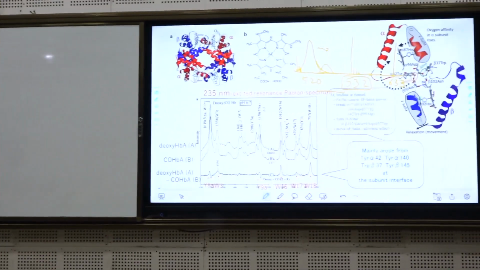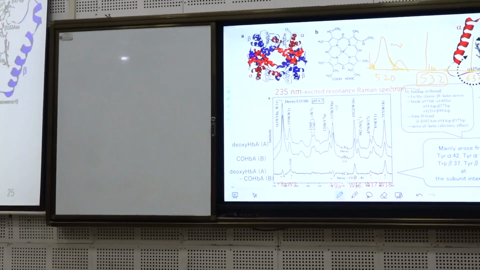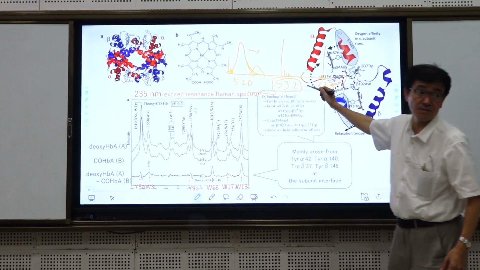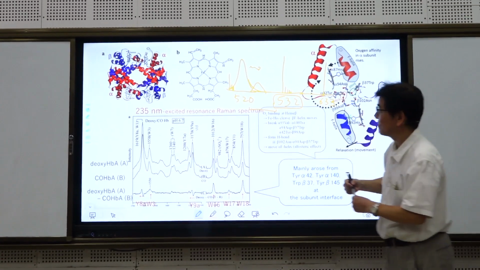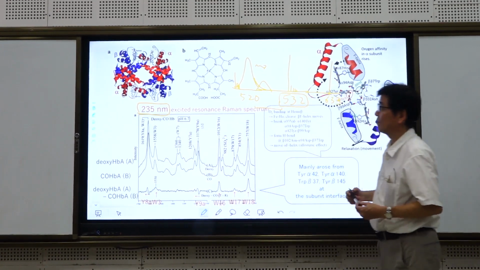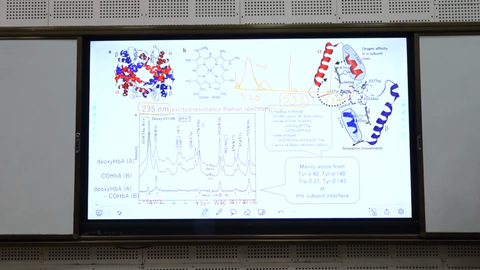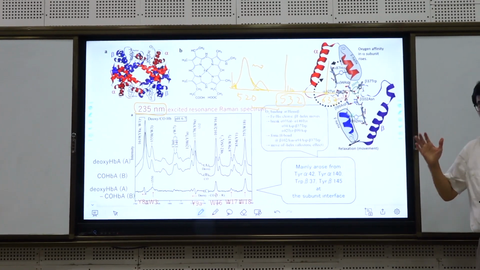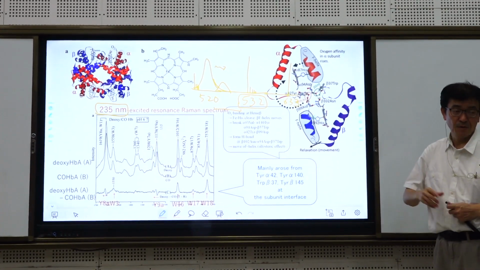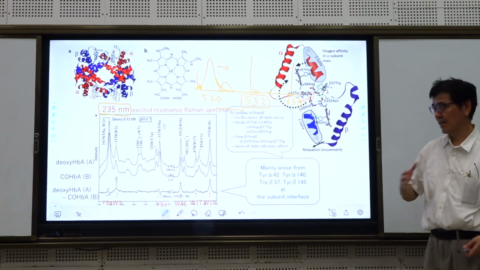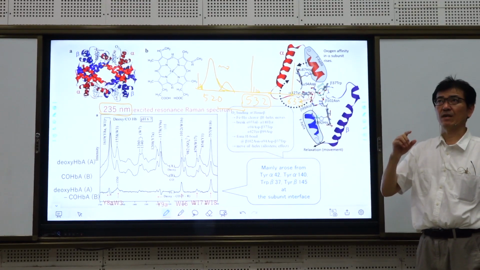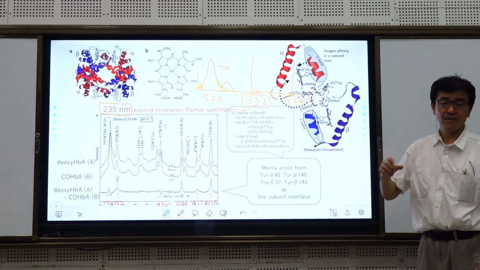But 235 nanometer UV radiation is too strong for biological samples. Is it not too strong for a biological sample? Right, you're right. In my experience, I use 229 nanometer, and the sample concentration is 1 milligram per milliliter or so.